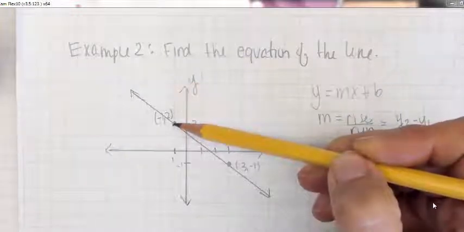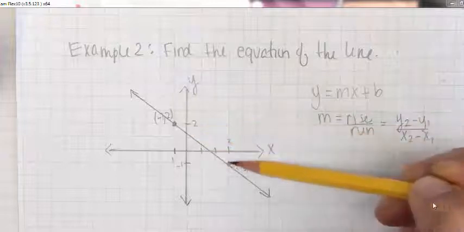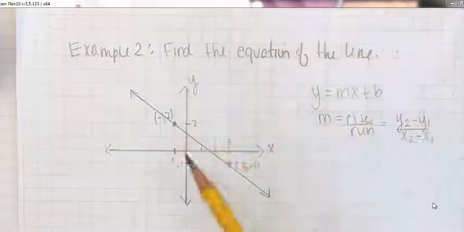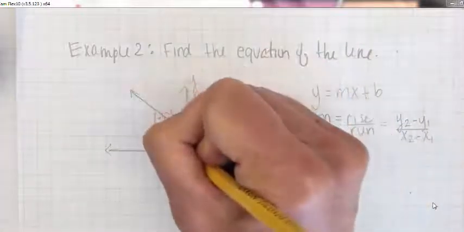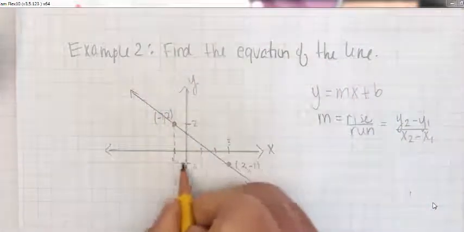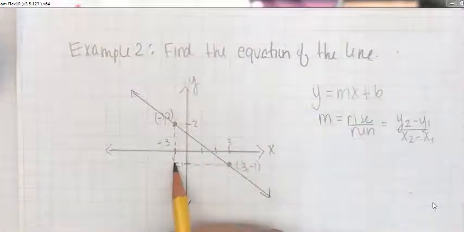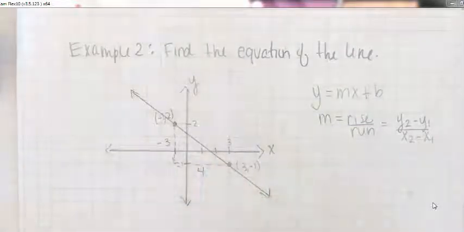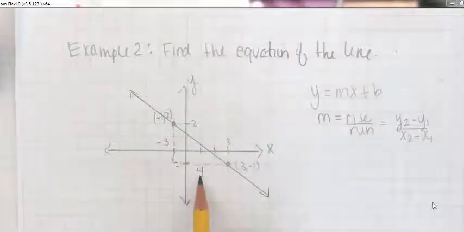If I'm going from left to right, I drop down 1, 2, 3, which means I go negative 3. If you think of this like a slope triangle, I go down 3, and I run 1, 2, 3, 4 to the right, so it's positive. So you could think of the slope as negative 3 over 4.